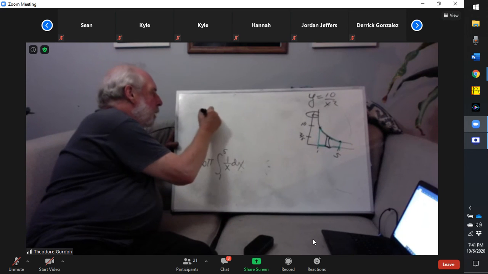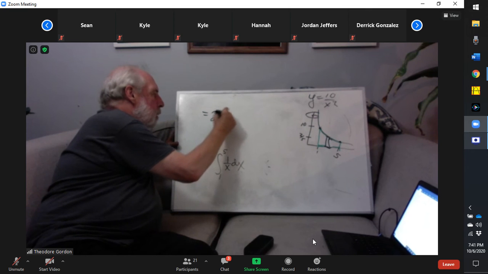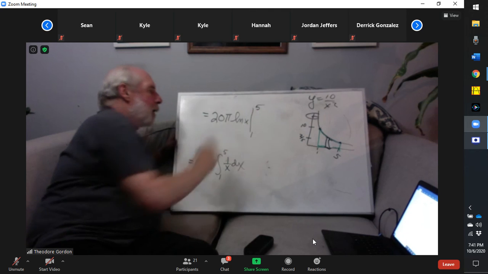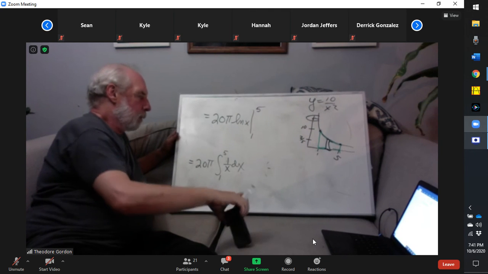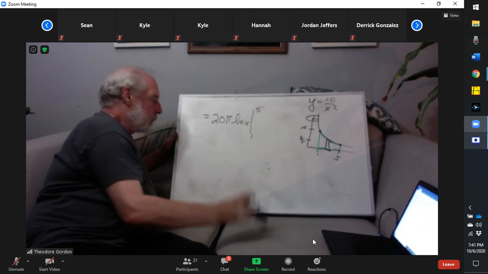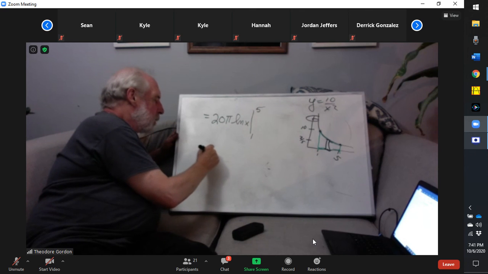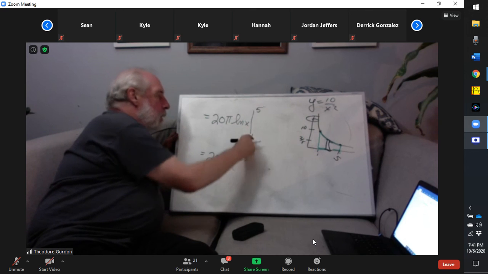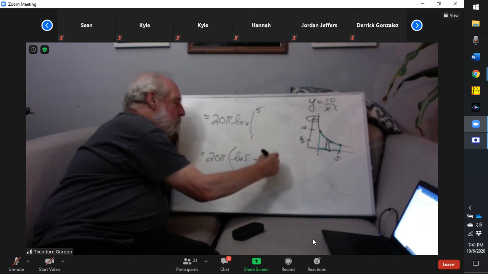So our integral becomes 20 pi, the ln of x from 1 to 5. 5 goes in first. We get 20 pi times ln of 5, minus the ln of 1.